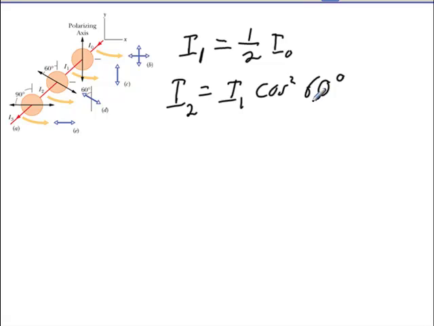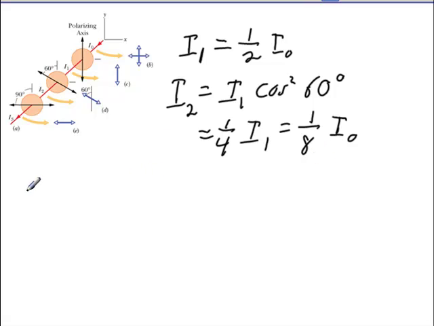Cosine of 60 degrees is 1/2, so that's simply 1/4 of I1. I1 is 1/2 of I0, so that's 1/8 I0. So it's less, but it's certainly not 0.